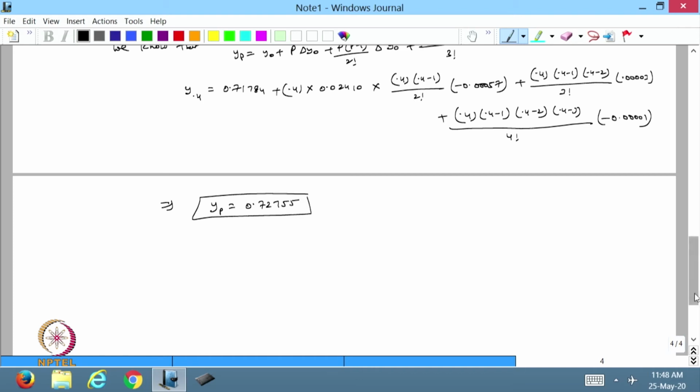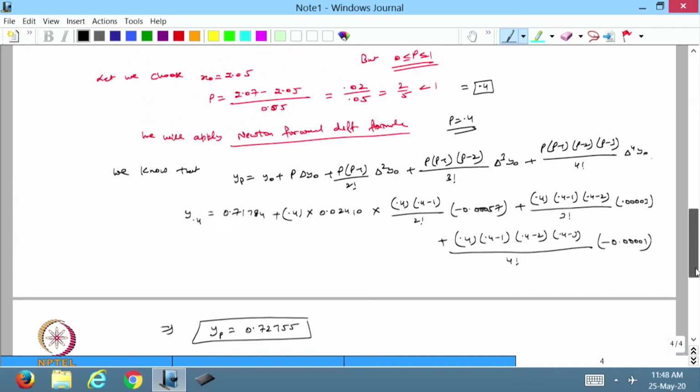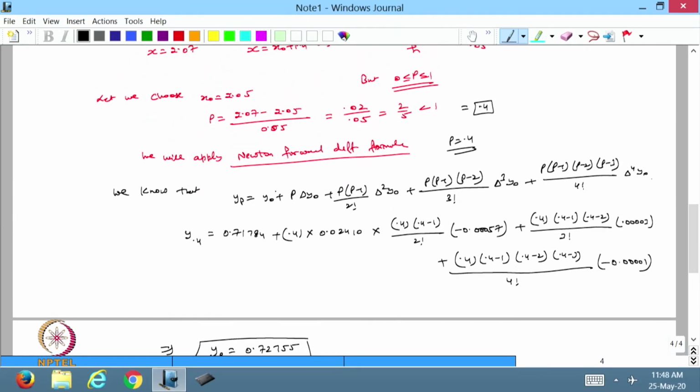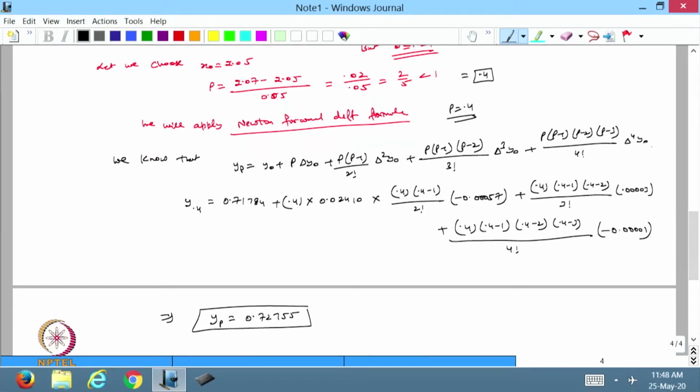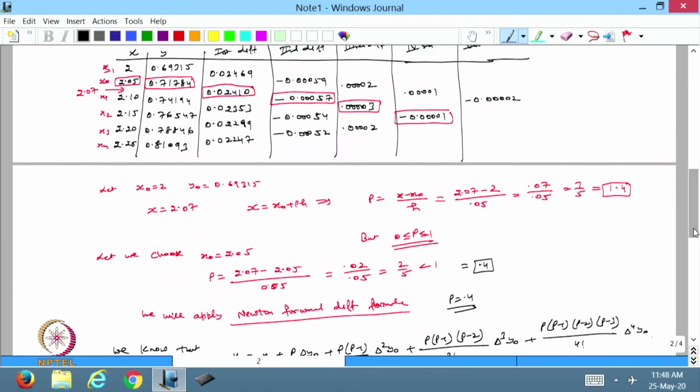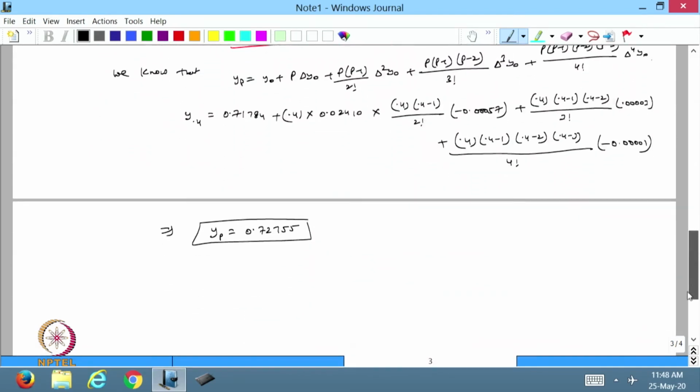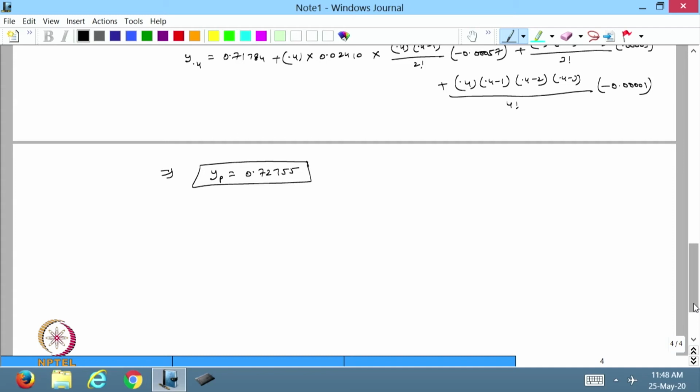So, this is the value I am able to approximate using the Newton forward difference formula, and you can see that its value is 0.7275. So, it is 71784 and 74195. So, this value is lying in between here somewhere. So, from here I can see that this function is an increasing function. So, that is my approximated value. So, that is my answer.